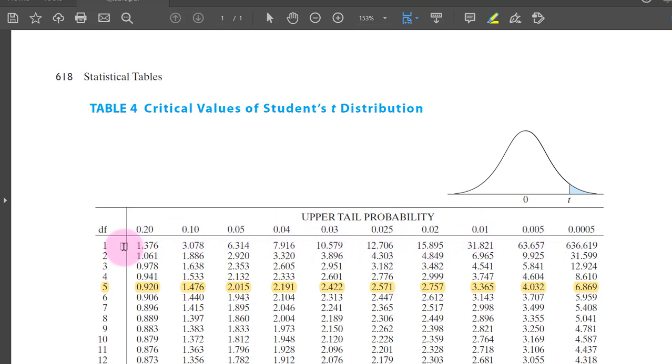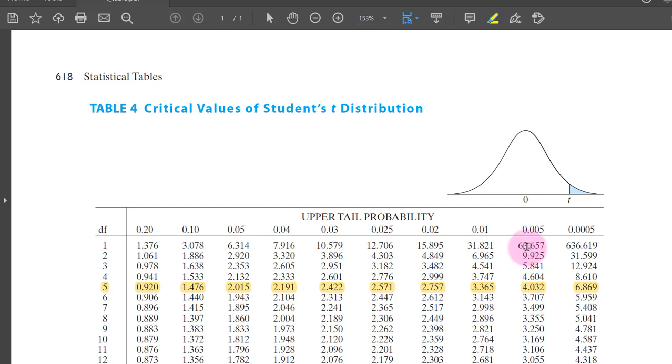Since those are getting smaller and smaller regions, areas in the upper tail, now look at the numbers that I've highlighted. These are all getting bigger. And they're very different values. These are tick marks, t-values. But these decimals on top, those are areas.